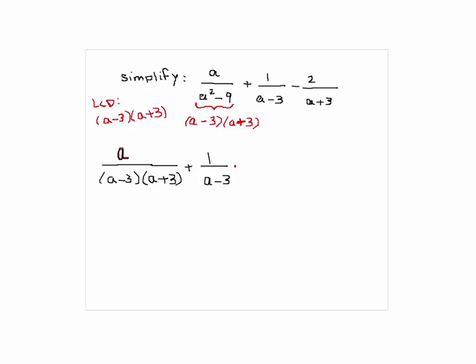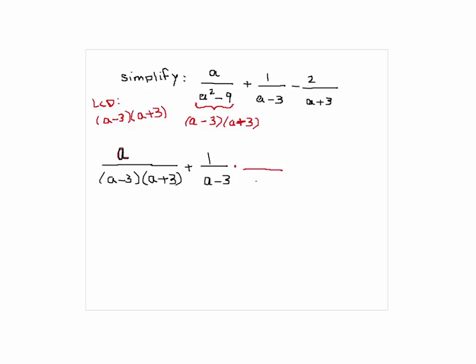Right. The question is, what do we have to multiply the second fraction with, so we get the same LCD? A minus 3 and A plus 3. Well, we already have A minus 3, so we multiply the second fraction with what?